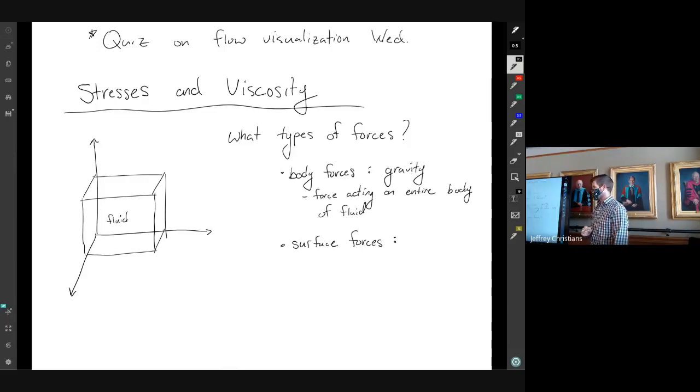Can anybody think of or name at least one of the two? Would there be compression because you're blowing on top of each other? So there could be a compressive stress, but that would be caused by pressure, right? So pressure is one of the forces that can act, pushing on the sides of our cube in some way.